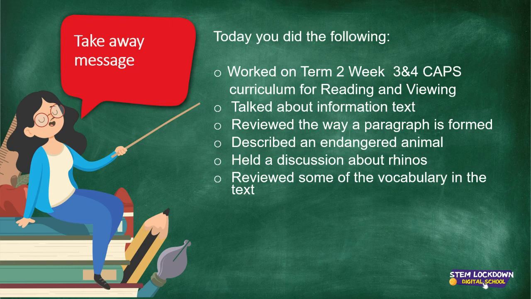Vocabulary is an important way for you to work on your English, to learn different new words every day. And then we read the information text, and you noticed how it was written in headings, topic sentence, and other supporting sentences for each paragraph. There was a main idea. Sometimes there were bullets, there were pictures, and there was a diagram.